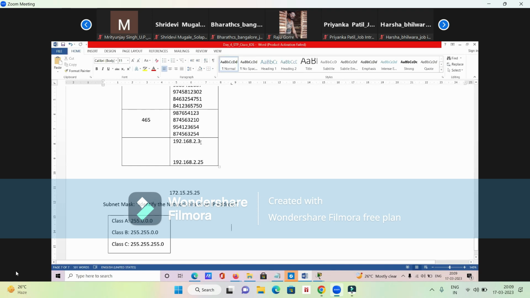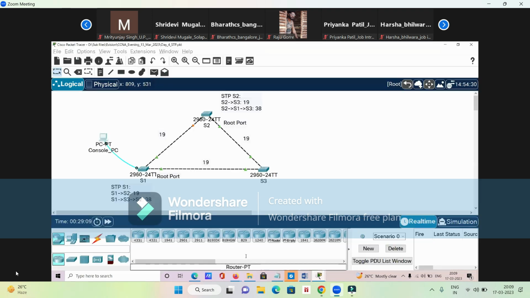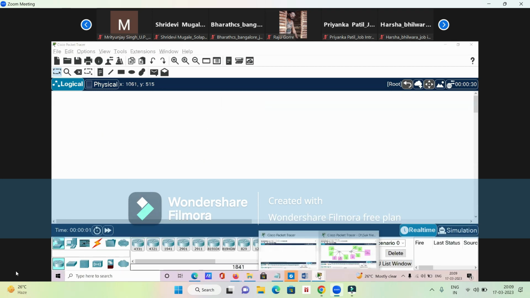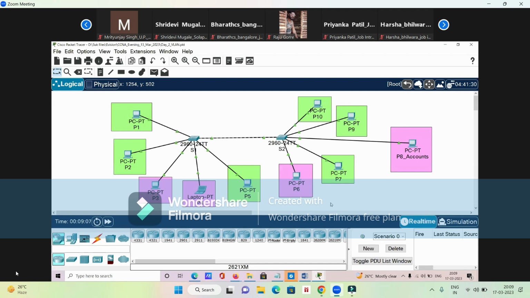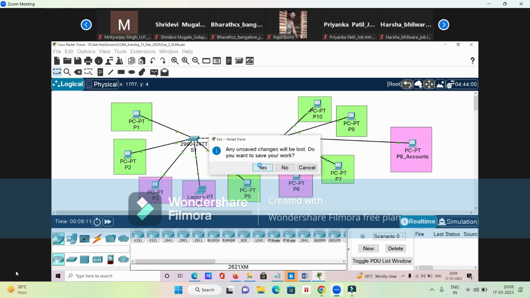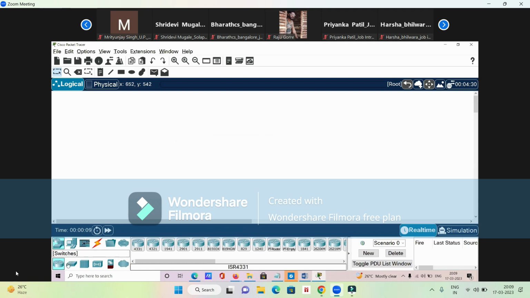Okay, so let us take an example of this. Let's take this IP address which is 192.168.2.3. Okay, so let me save all these files first. Fine.